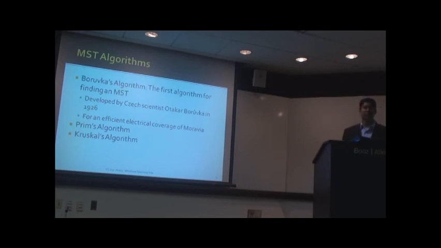It was published in a journal, but nobody was referring to journals that are in Czech language or Russian language. So this algorithm was rediscovered many times between 1926 and 1950 until it was rediscovered by somebody in the West, and then it became a standard because then everybody could understand the algorithm and everybody was referring to it.